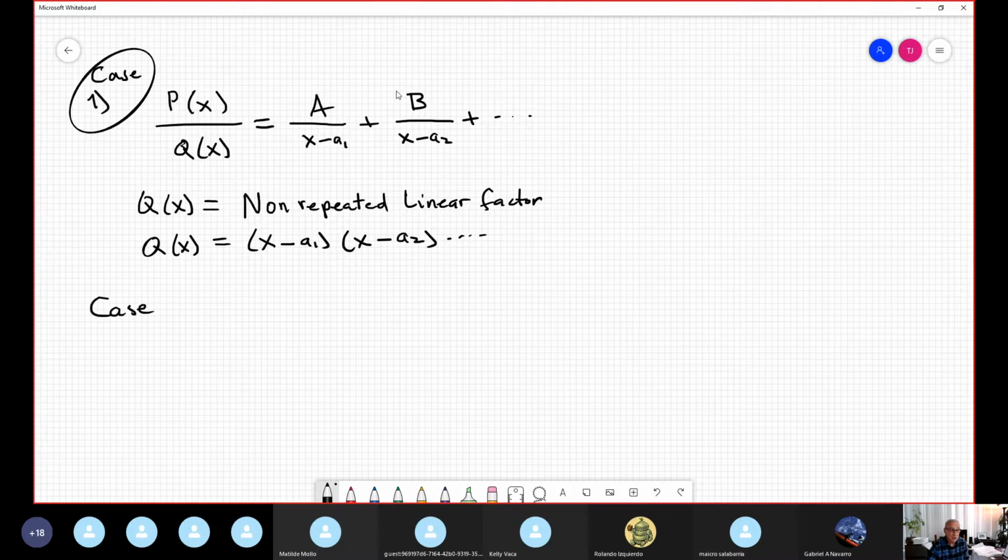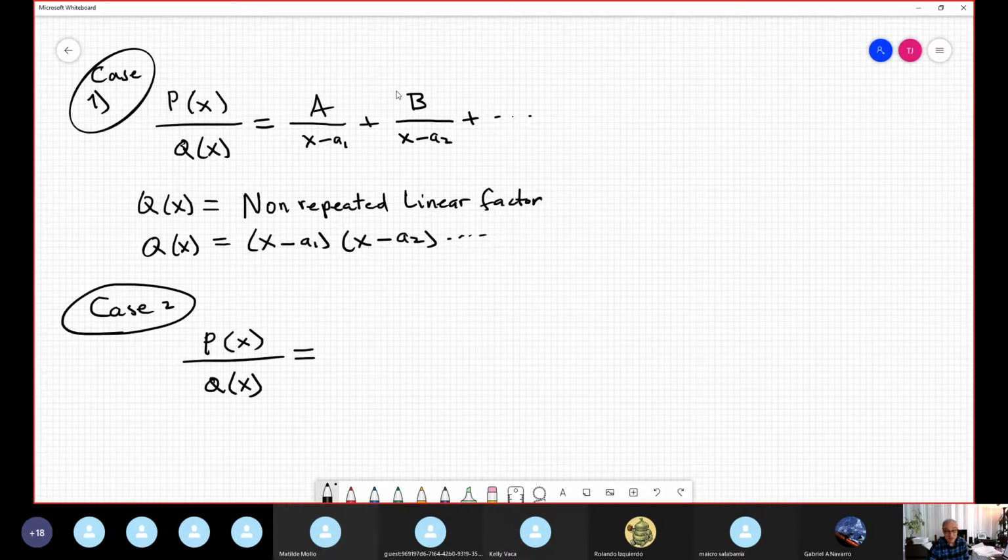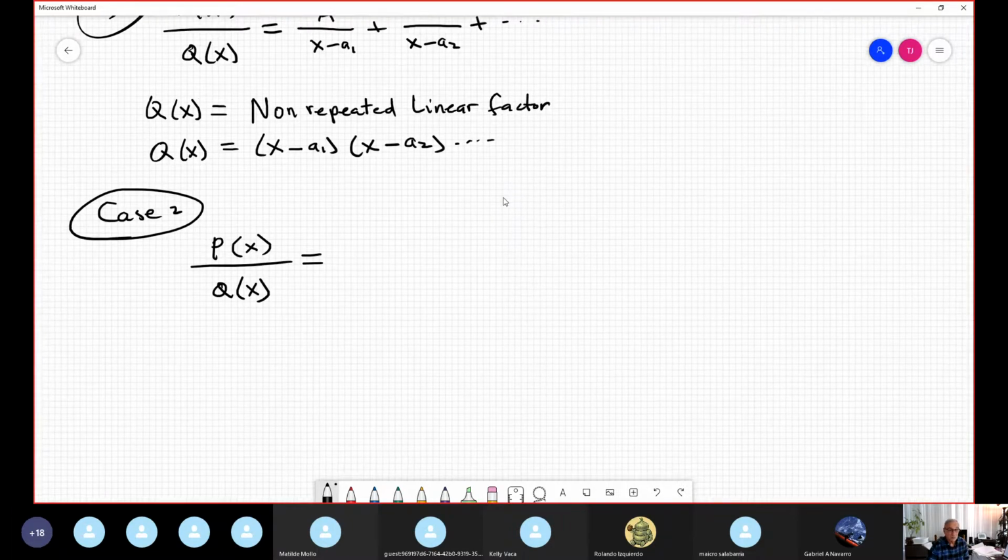Now case 2. Suppose again we have a rational function, but you have repeated linear factors. So Q has a repeated linear factor.